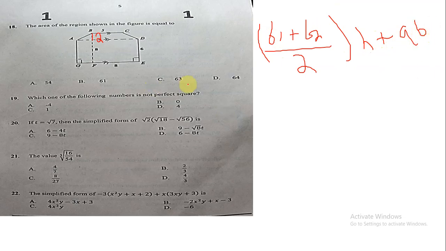So when you place the numbers in place of the variables or symbols, you will get the answer, choice B, which is 61.